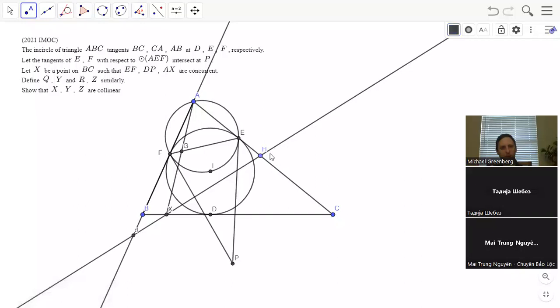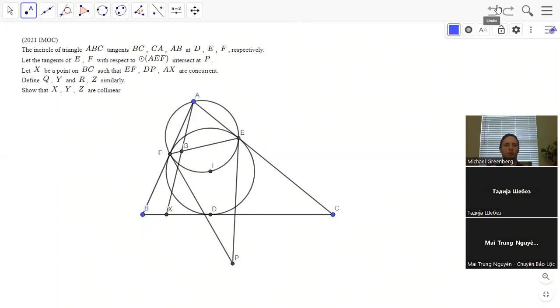So if we had three points X, Y, and Z and they were collinear, we would have this over this times this over this times this over this. So yeah, can we find BX over XC and then use Menelaus?